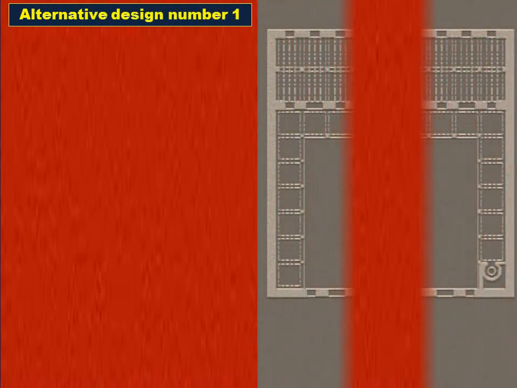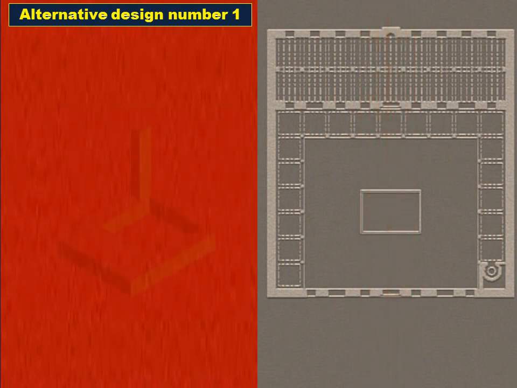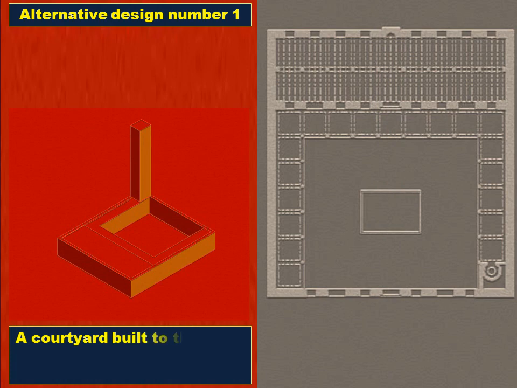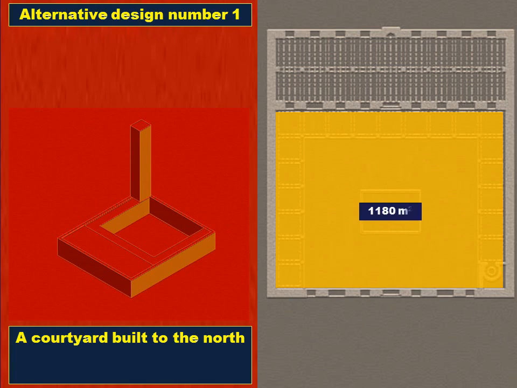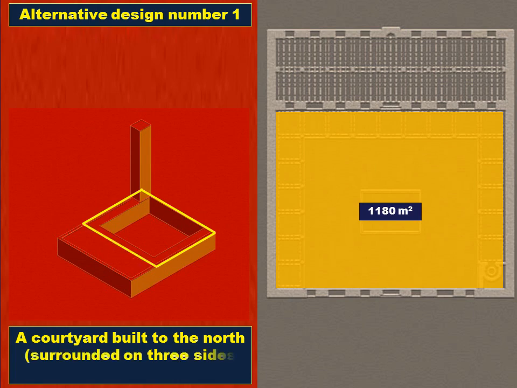Alternative design number 1. A courtyard built to the north, surrounded on three sides by porticos.